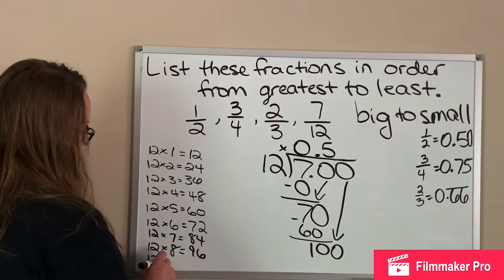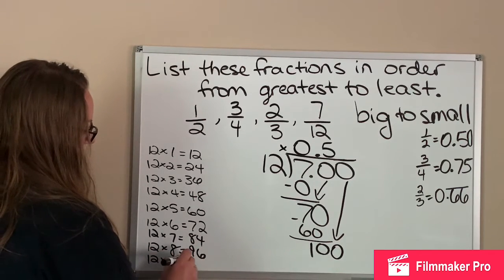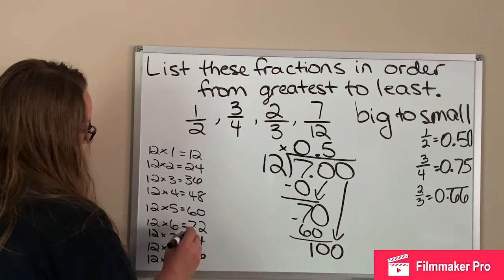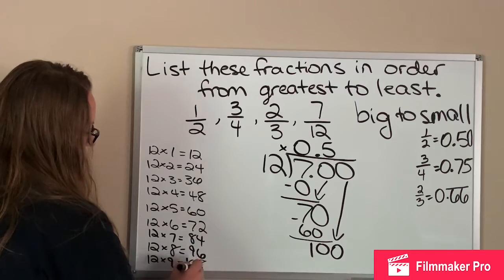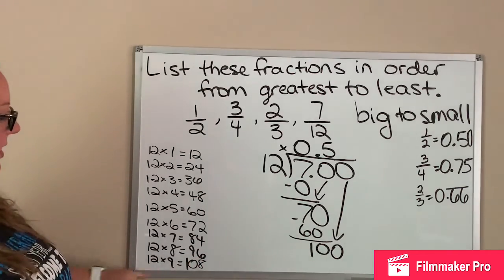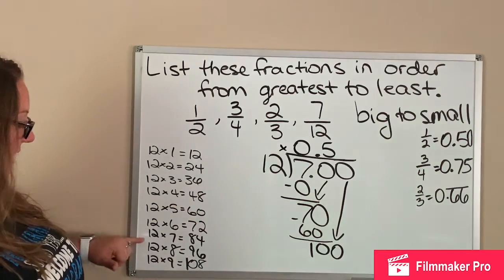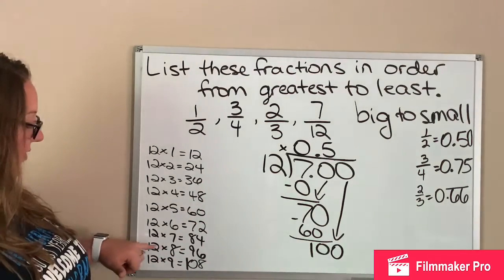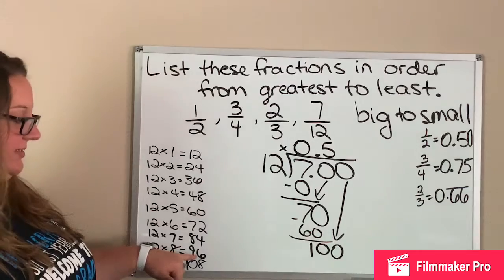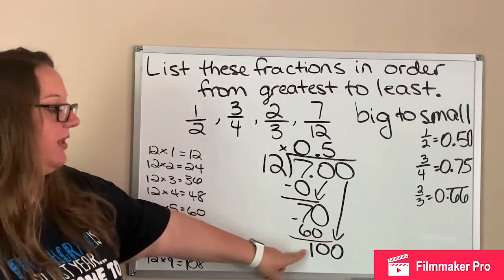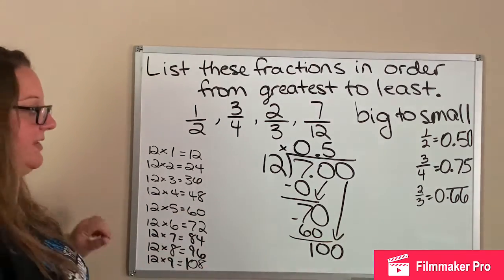And then 12 times 9 equals 108. All right, so 108 is bigger than 100. So I've got to go up 1 to 12 times 8, and 12 times 8 is 96. So 12 can go into 100 8 times.